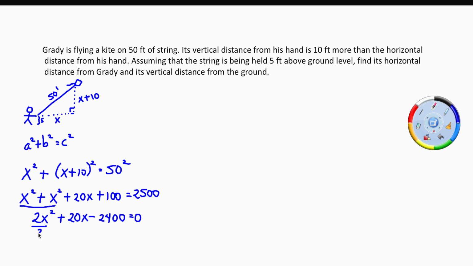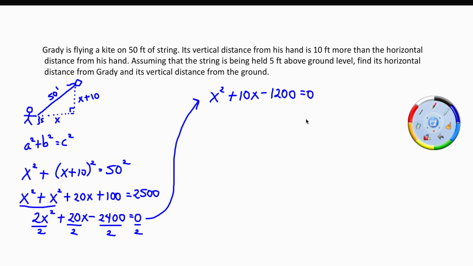Once again, I can make these numbers smaller, making my factoring much easier. If I divide a 2 out, leaving me x squared plus 10x minus 1,200 equals 0.